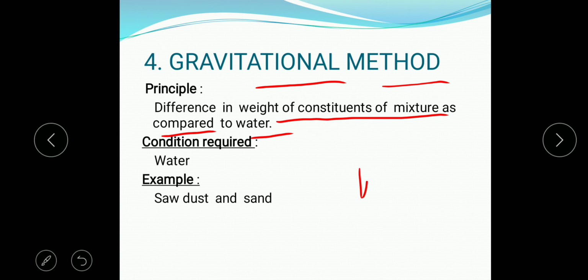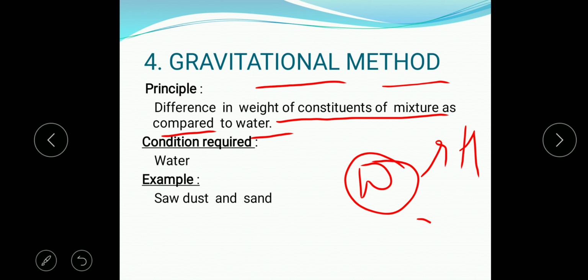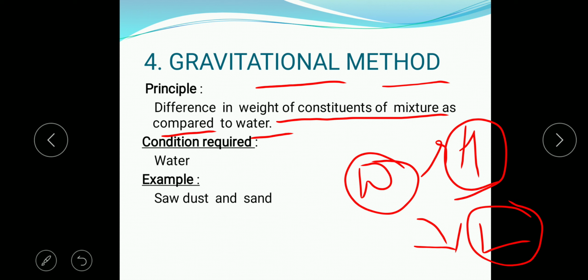So on the basis of water, one component of the mixture should be heavier than water and one component of mixture should be lighter than water. Okay, so when there will be difference in the weight of the constituents of the mixture as compared to water, we will apply which method of separation for the mixture?